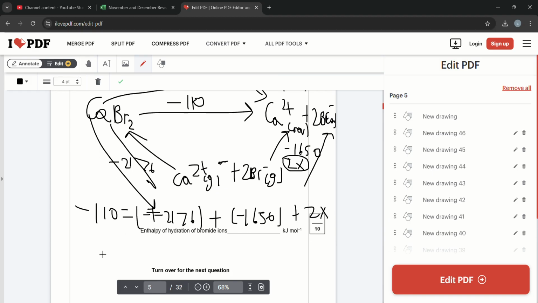Well, this can become a positive. So we get minus 110 is equal to 2176 minus 1650, 526, plus 2x. Minus 110 minus 526, divided by 2, and we get minus 318 kilojoules per mole to the power minus 1.